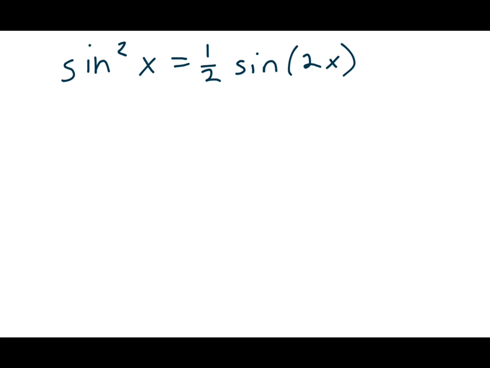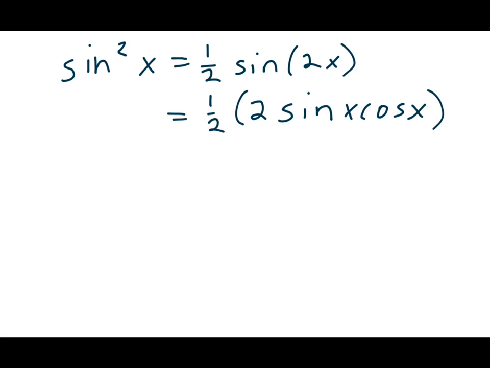Okay, so now let's do sine squared of x equals 1/2 sine of 2x. Now, that sine of 2x is a double angle. So if we change that using its double angle formula, we have 2 sine of x cosine of x. Okay?